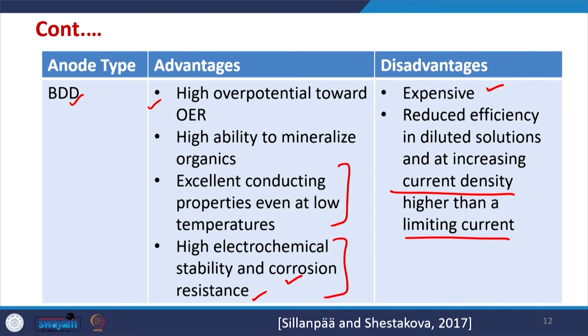So, these are the various advantages and disadvantages of using dimensionally stable anodes for electro-oxidation. Now, we will go further and understand the electro-flotation process, which is also possible using the electrochemical treatment technology. Within this, the third aspect is electro-flotation.